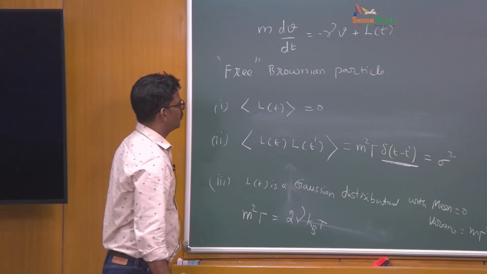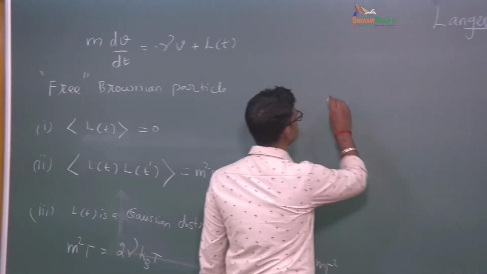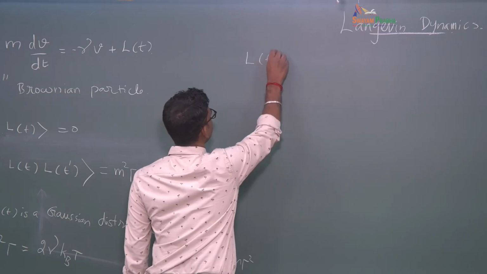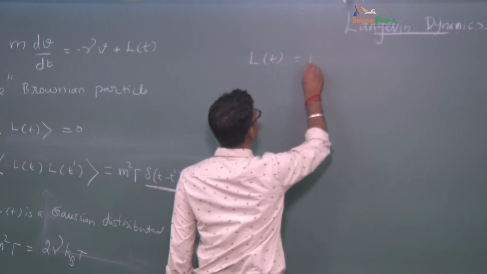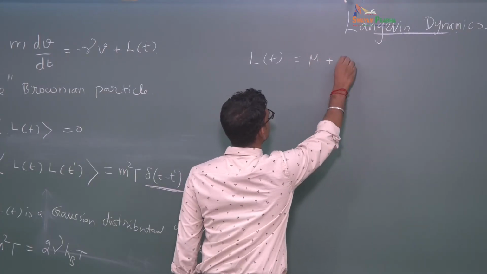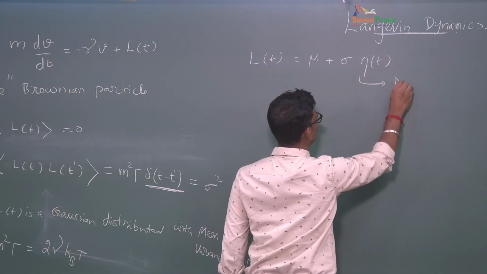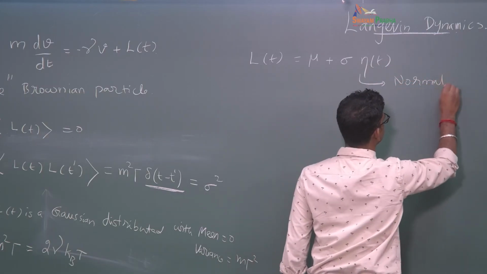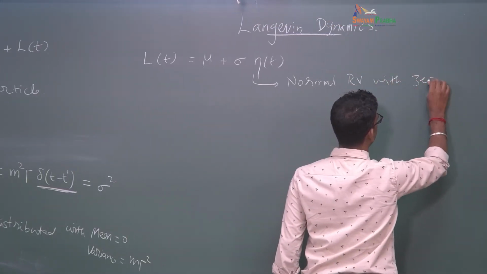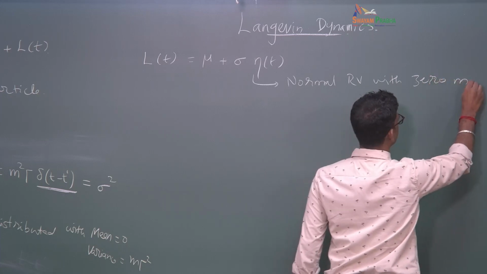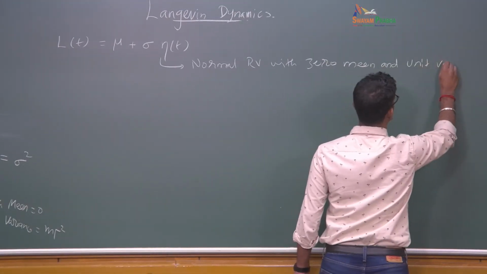So now what we can say is that at any time t, the random force L can be expressed as some mu plus sigma times eta of t, where this eta of t is a normal random variate with 0 mean and unit variance.